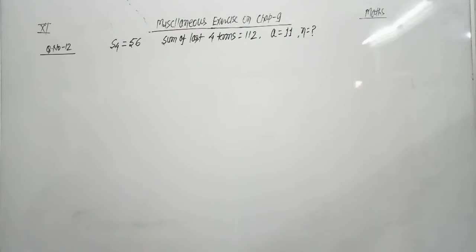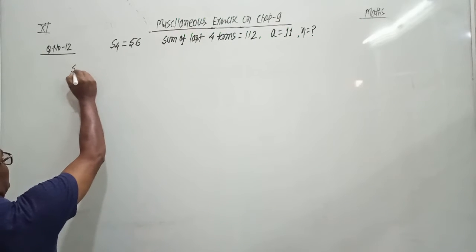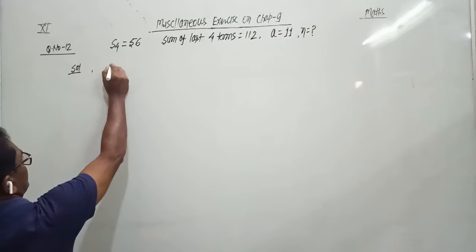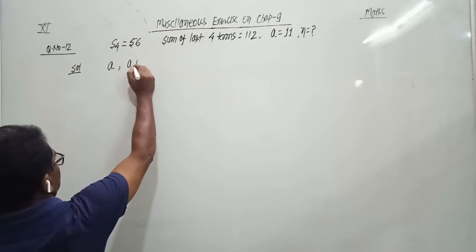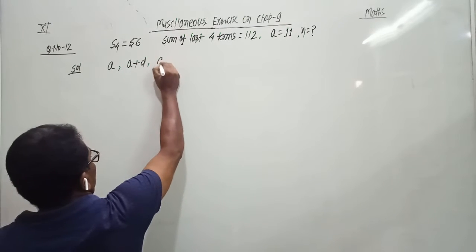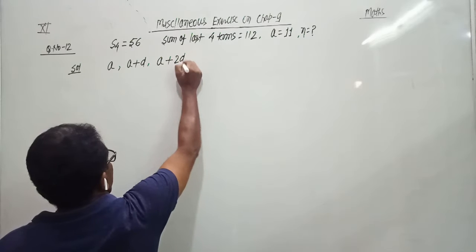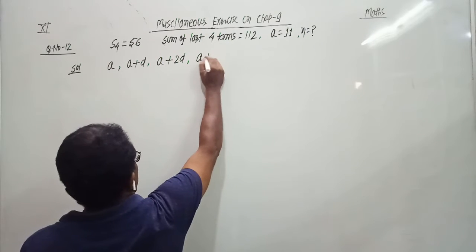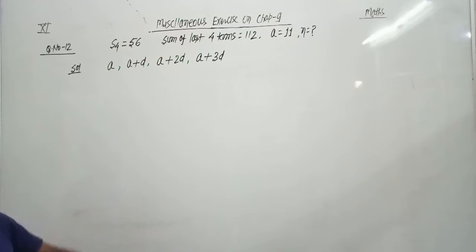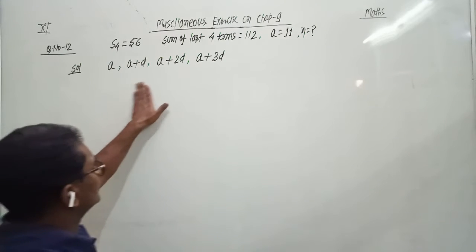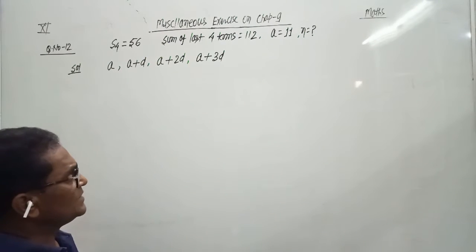So first, we have given the sum of four terms of an AP, and we know that the first four terms of an AP are given by a, a plus d, a plus 2d, and a plus 3d. And also we have given the first term, the value of a.